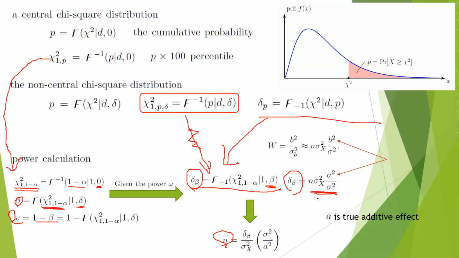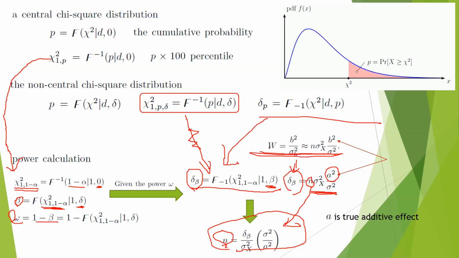This has been calculated already, and there's an unknown number here. If you rearrange this equation, this gives you the sample size calculation. Here, A is the real additive effect.